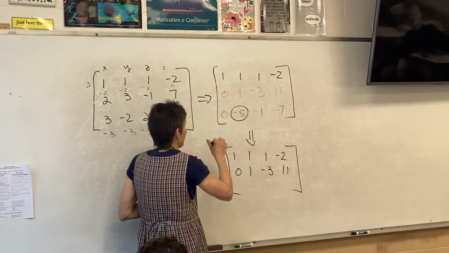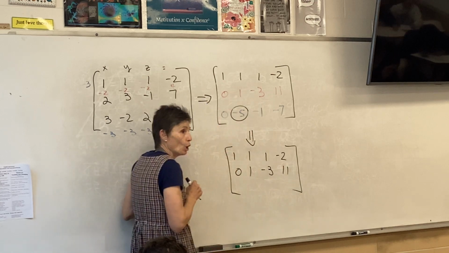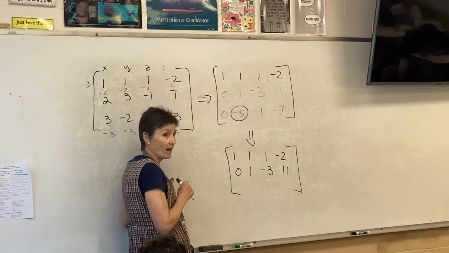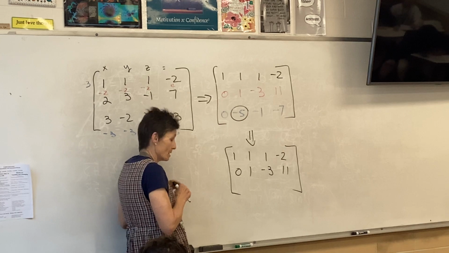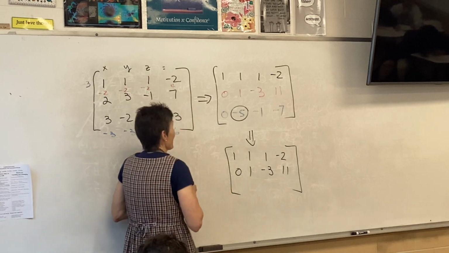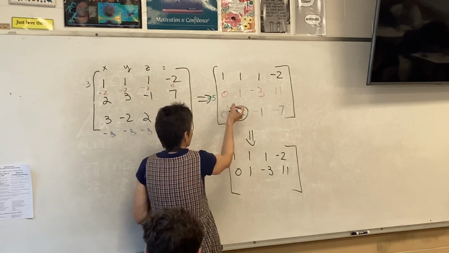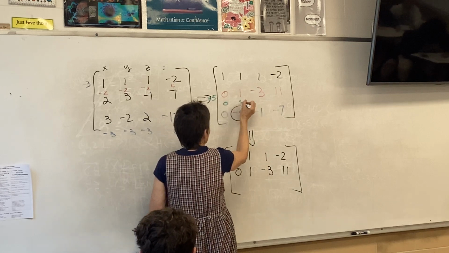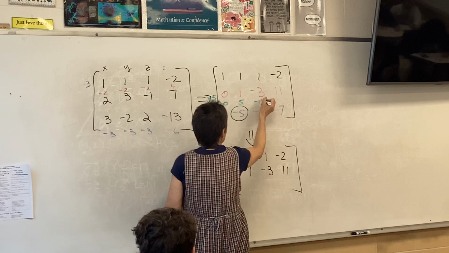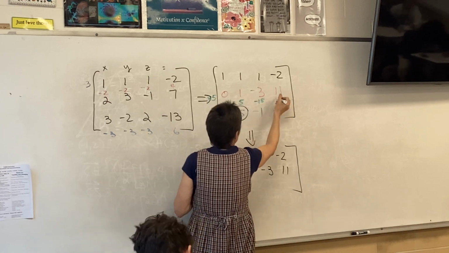So I'm gonna have to multiply my red row by 5. So my red row by 5 will give me 0, 5, -15, and 55.